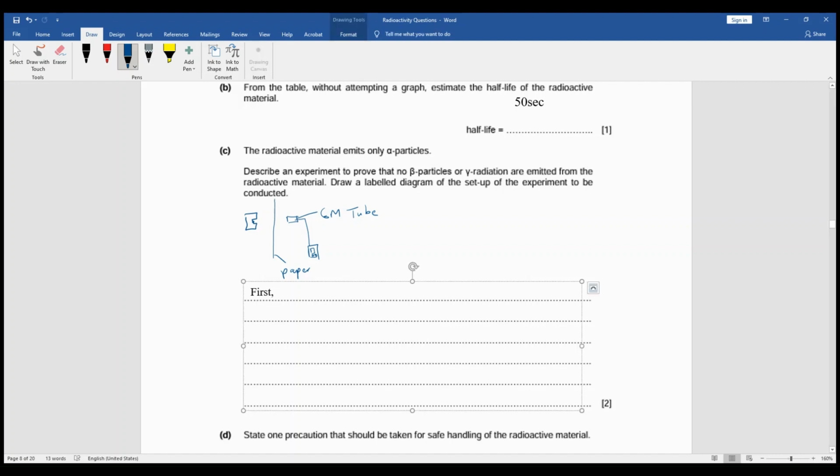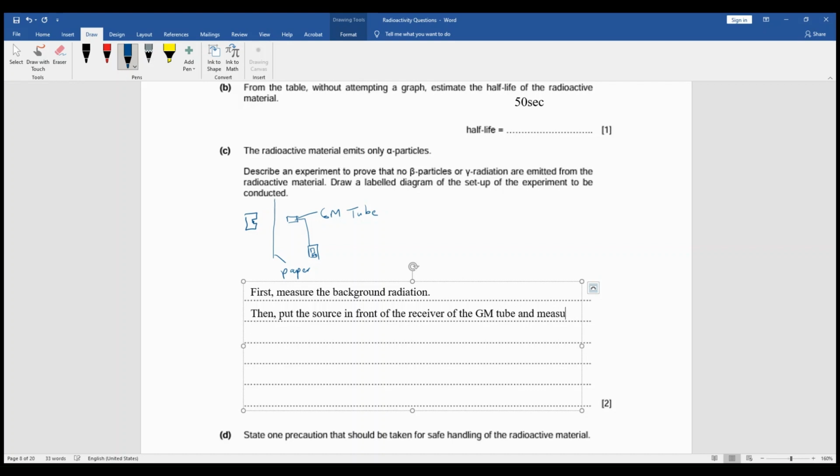Alright, first thing, we're just going to measure the background radiation. Then put the source in front of the receiver of the GM tube and measure.